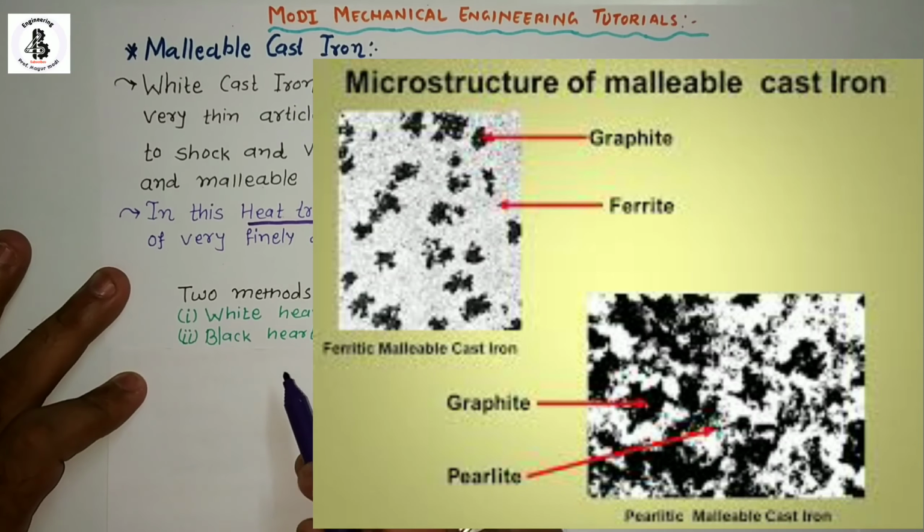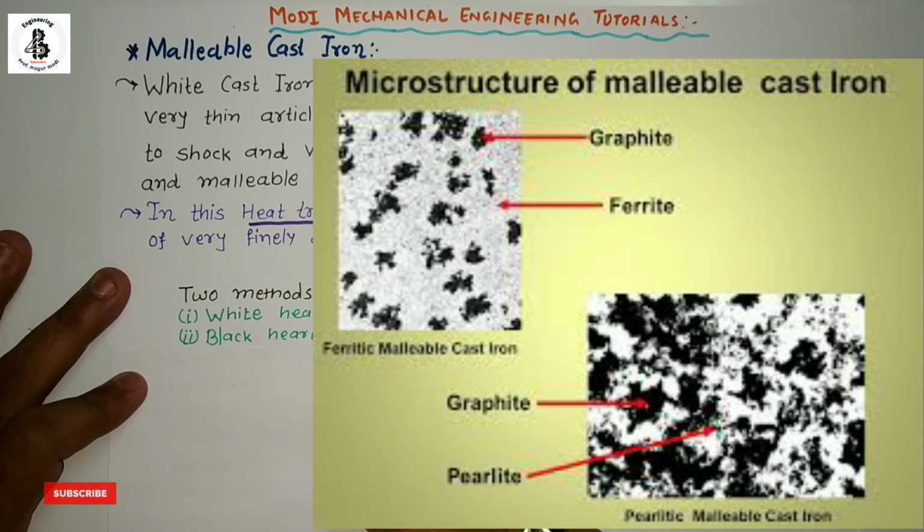Suppose I want to talk about black heart. The black heart malleable casting shows a black fracture without any decarburization of the surface. The structure is the same from the surface towards the center of the casting, and the structure consists of nodules of tempered carbon in a ferritic matrix.